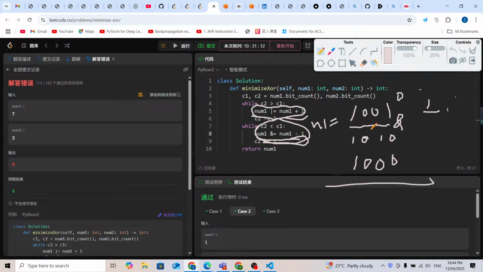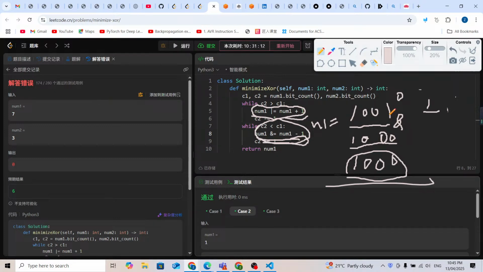Let me just use the same example. So for this one, it's going to be -1. If we -1, it's going to be this number, and this is going to be the final result. If it is the add operation, it's going to be num1 -1, because we want to set the low bit of 1 to 0.